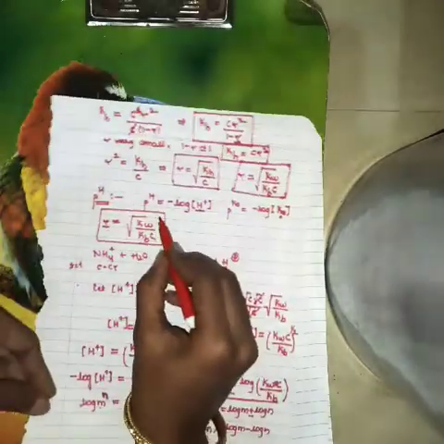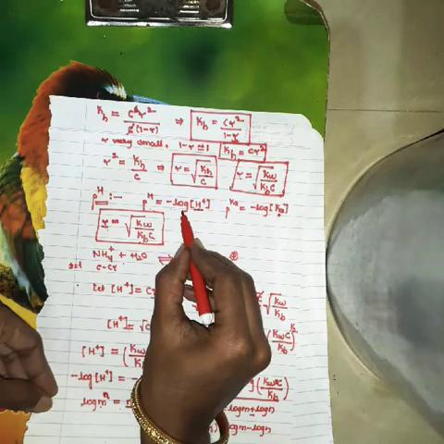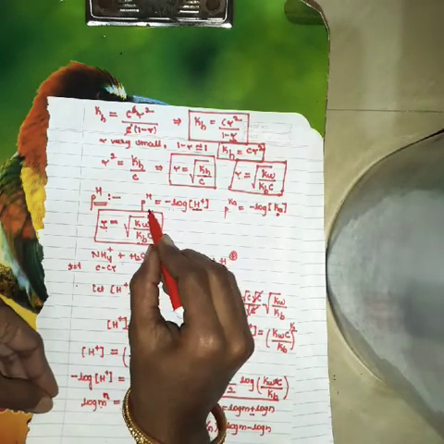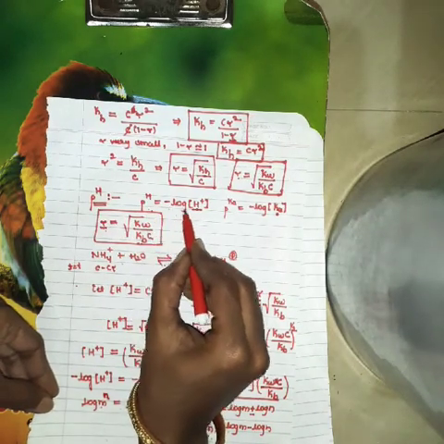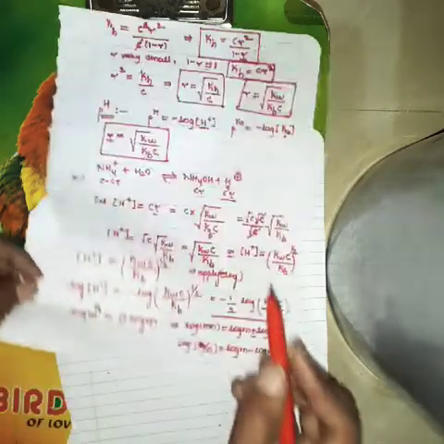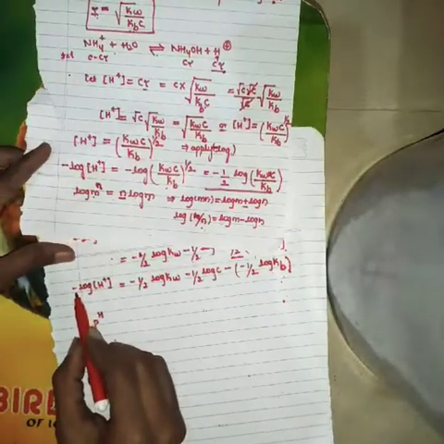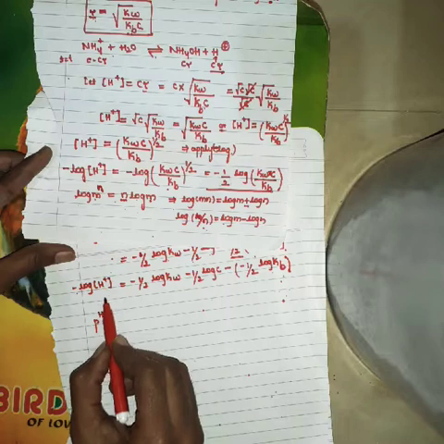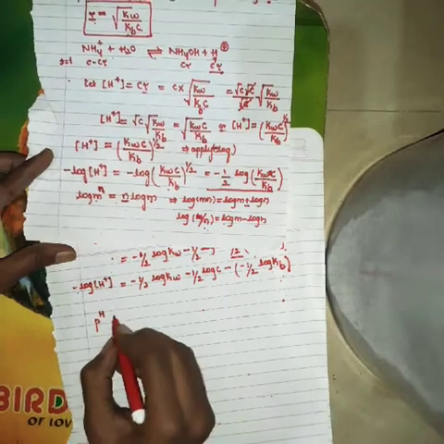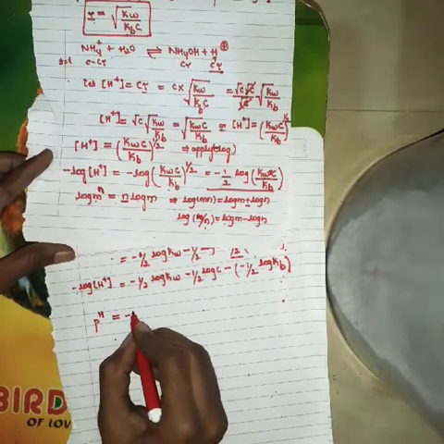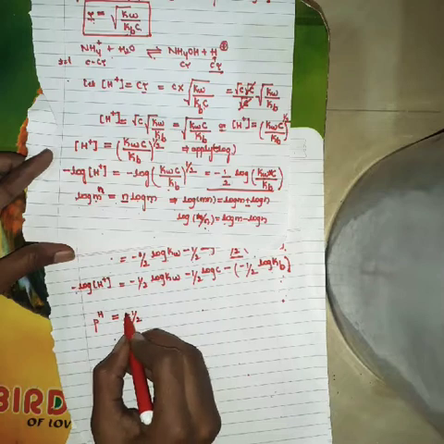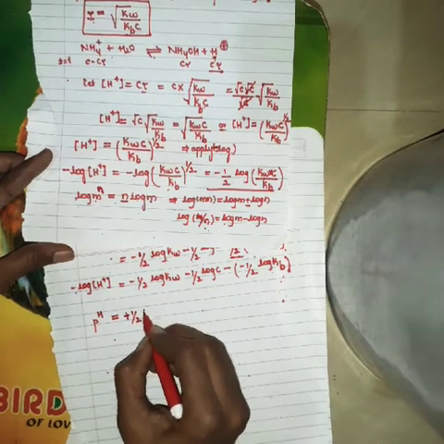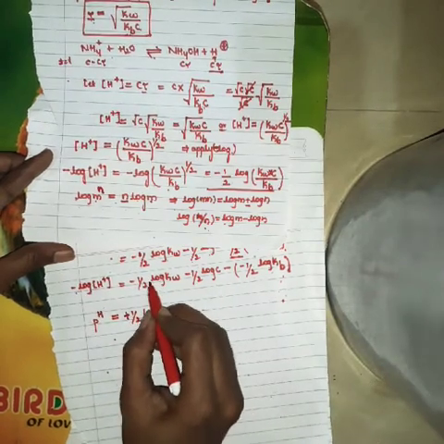Our expression contains minus log of H plus, which will become pH. So pH is equal to minus 1 divided by 2. Don't write minus, write 1 divided by 2 minus log of Kw.